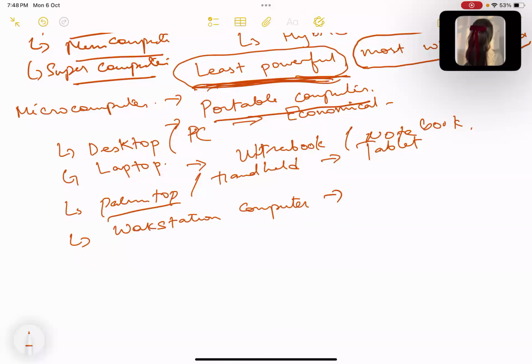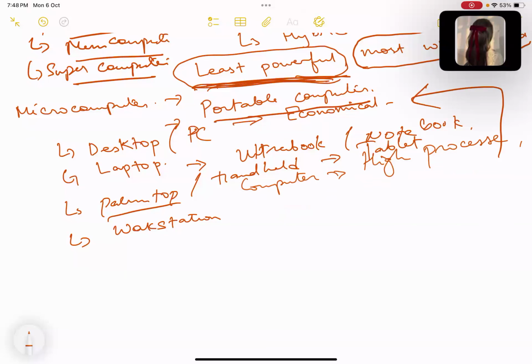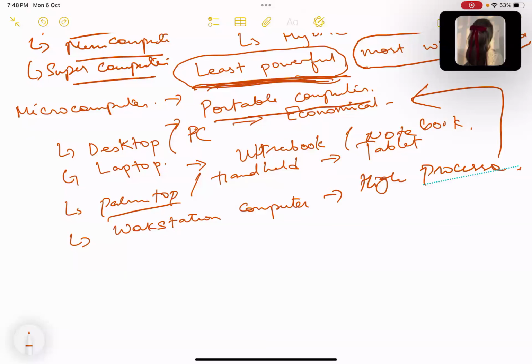It looks like a PC only, a normal computer only, just that it has a very high processing speed, okay? High processor. So it tends to look like a desktop only. When we say workstation, you can say workstation or workstation computer. The only difference is that the processor is very high, with a very high processing speed and high resolution also.